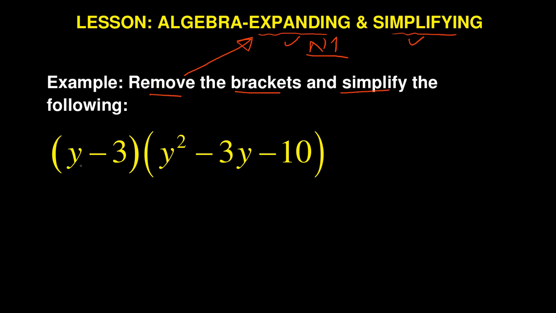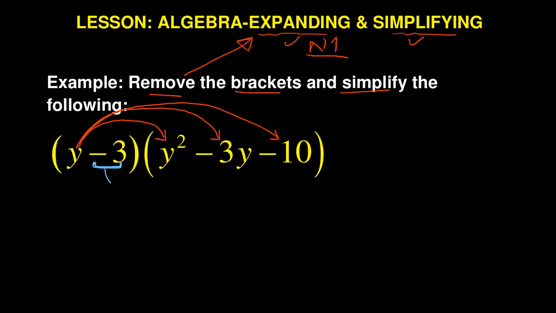The y will multiply the y squared, and the y again will multiply the minus 3y. Don't forget, the sign there is always important. It will multiply the minus 3y, and the y again will multiply minus 10y. In the same manner, the whole of minus 3, I emphasize the signs because if you ignore the signs you'll get this wrong.